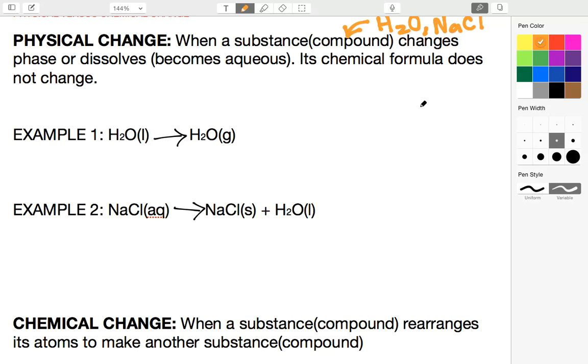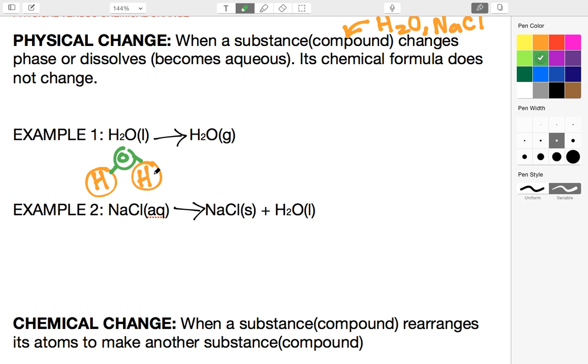So basically what that means is that in a physical change, if I were to draw this out in the molecular view, for example, I had H2O, I would still have two hydrogens, one oxygen, right? H2, two hydrogens, O, no subscript, so just one oxygen.